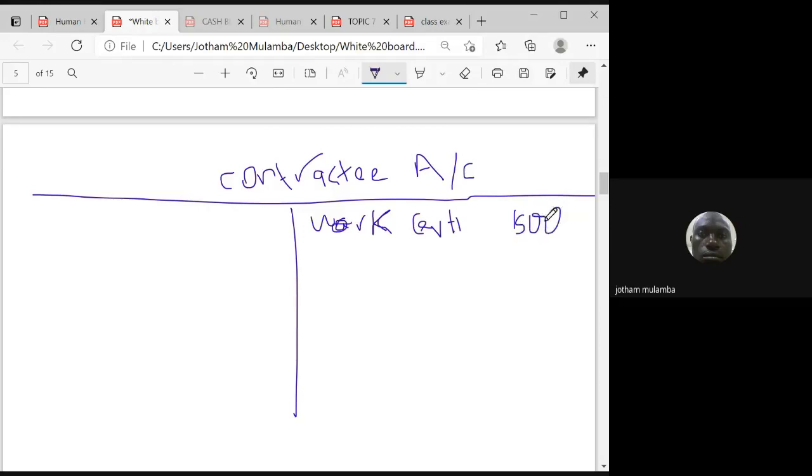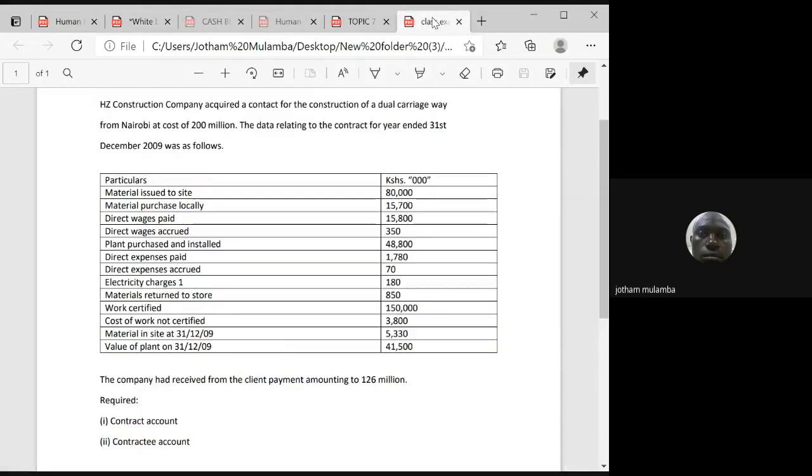How much money has he been paid? From the question, he has been paid 126 million.